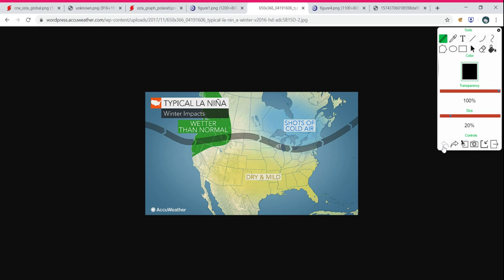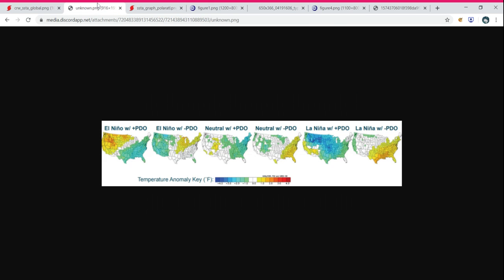For the most part, you get a lot of warmth, pretty dry and mild across the south. You can also see a wetter than normal west coast US. But really, it can vary based on the PDO, which I'll get into in a second.